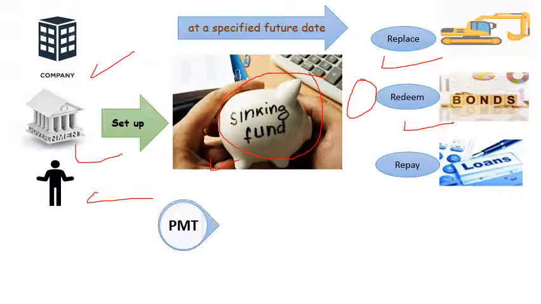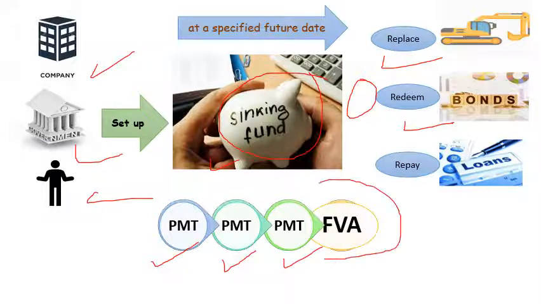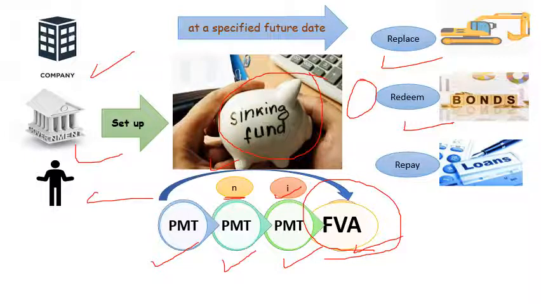Because we will deposit equal periodic payments to accumulate a specific amount of money at the maturity date, we can calculate the amount of the payments using the equations of future value of annuity. This amount of payments will earn interest over a specific period of time.